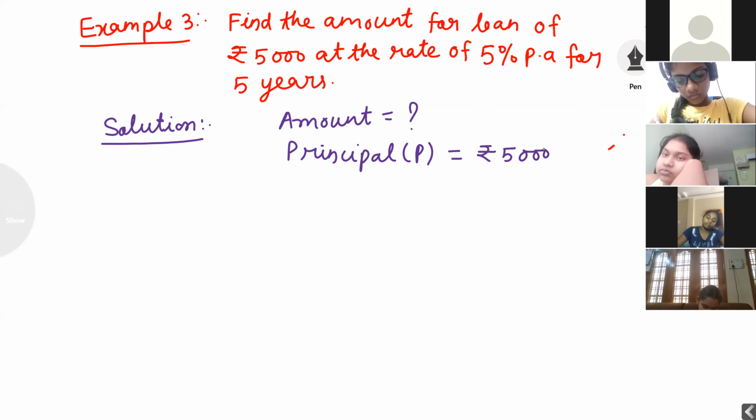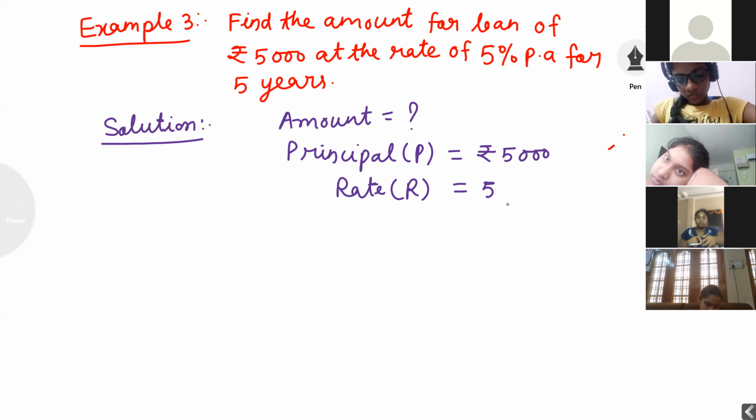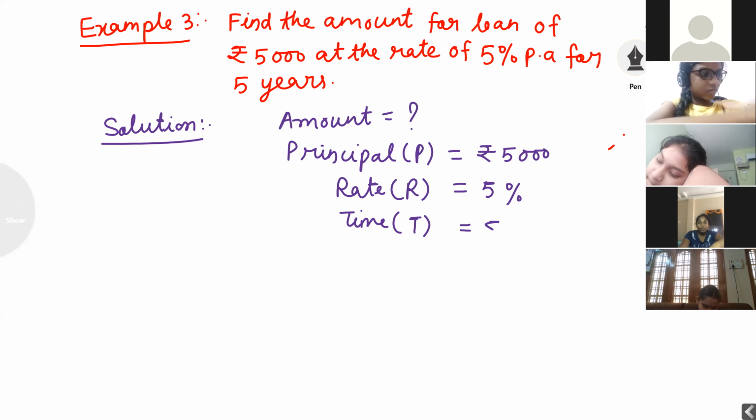Rate of interest R is equal to 5%. Time T is equal to 5 years. Firstly, I want to find out simple interest. Then I can find out amount.